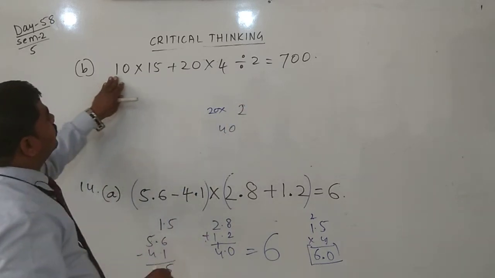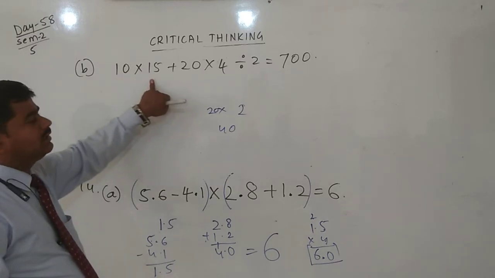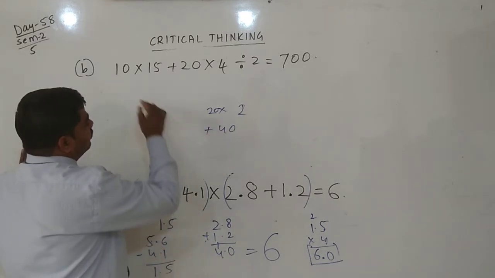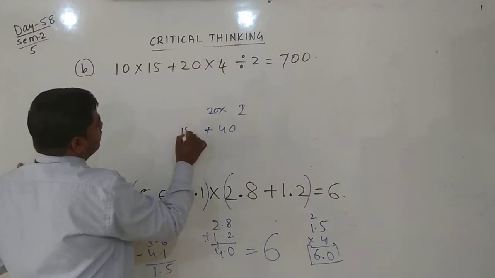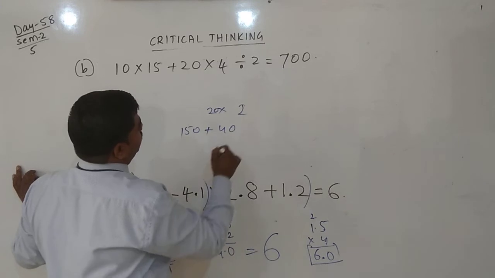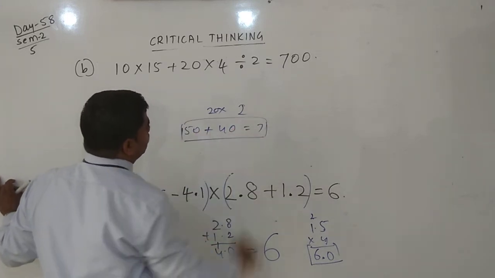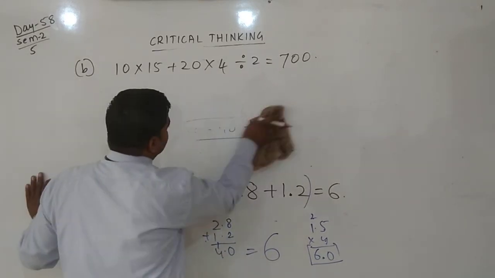Then 40 into 10 into 15, multiplication. Here plus is there. Again 15 tens are 150 plus 40 is 190. Is it possible? No, you cannot have it like this. Think once again.